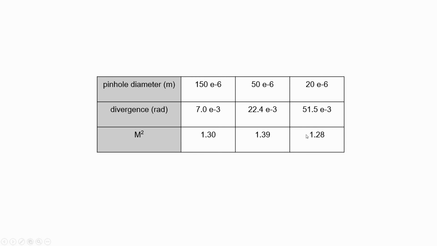And this can be attributed to the fact that when you clip a beam, it no longer has the same Gaussian shape that a true Gaussian beam has.